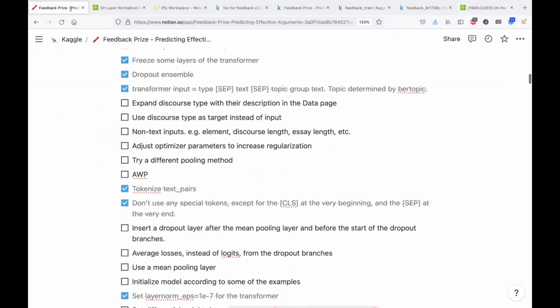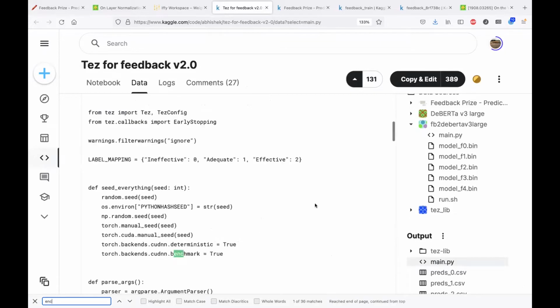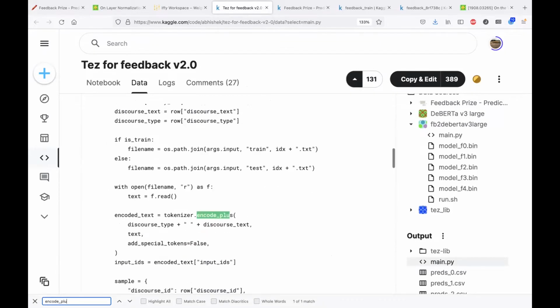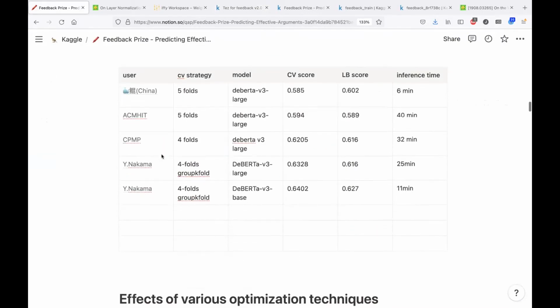I noticed that Abhishek is also using this text pair that Shrivina had mentioned last week. So I tried this out in a notebook to see what exactly is happening.